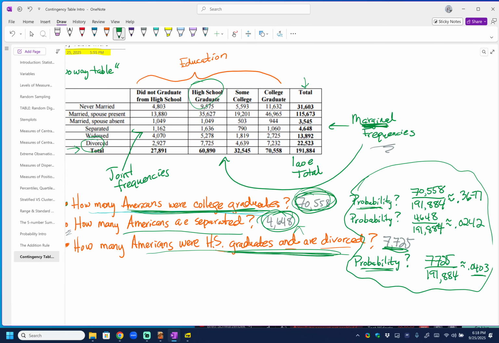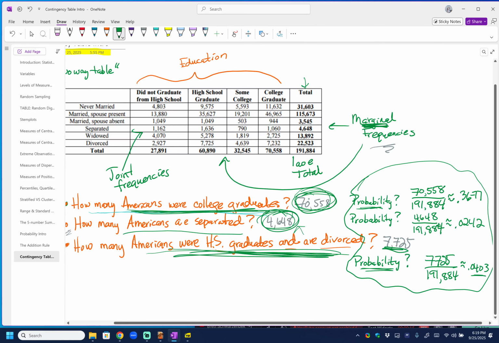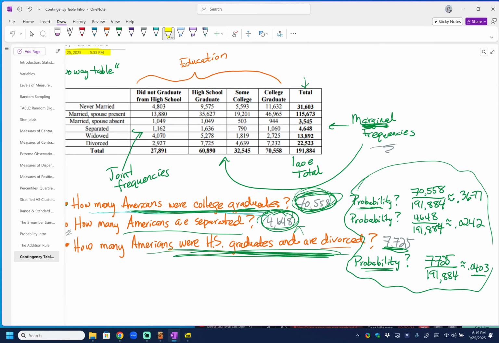Now, be aware that sometimes students will struggle with the joint probabilities. They're okay with the marginals usually, but the joint probabilities cause a little bit of pain. Why? If we find that number again, 7725 in our chart, that was the crossing of high school graduate and divorced.